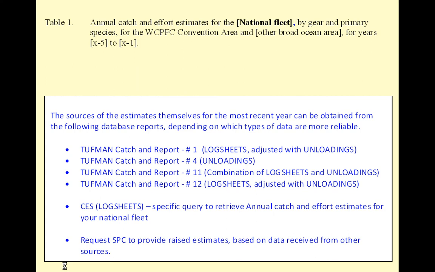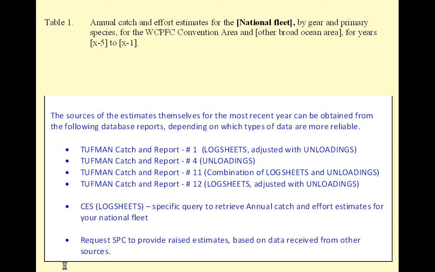Table 1, Annual Catch and Effort Estimates for the National Fleet by gear and primary species for the Convention Area and other broad ocean area for the previous 5 years. Tufman reports that can be used to produce the data for this table are Catch and Effort Report number 1, Catch and Effort Report number 4, Catch and Effort Report number 11, and Catch and Effort Report number 12.